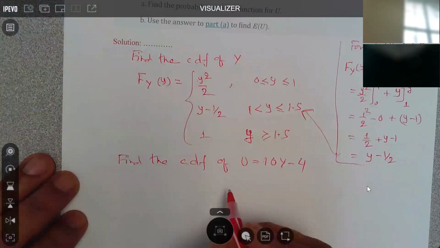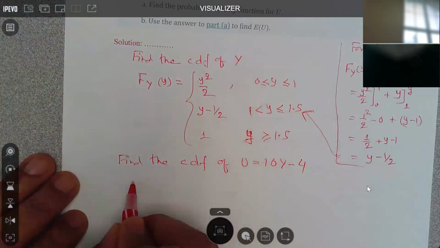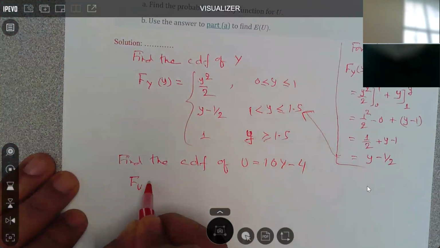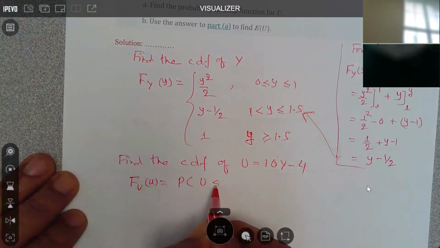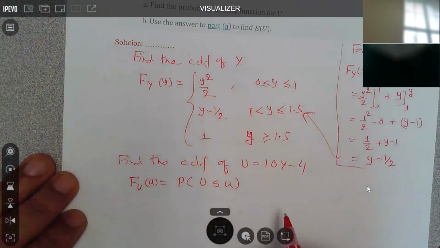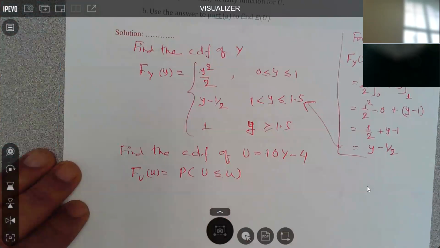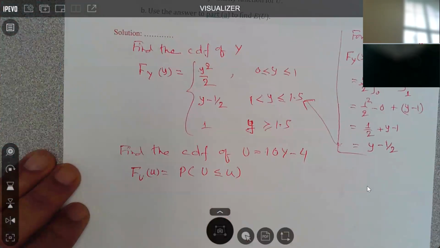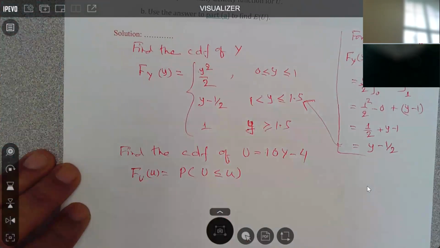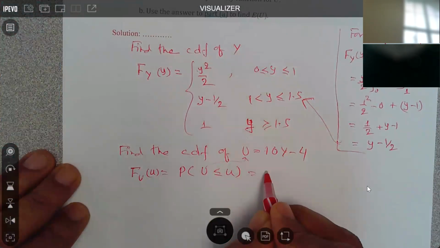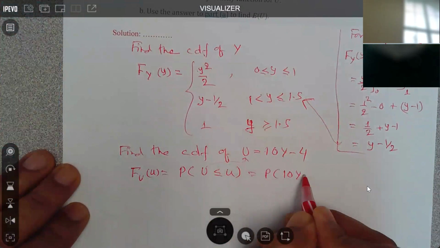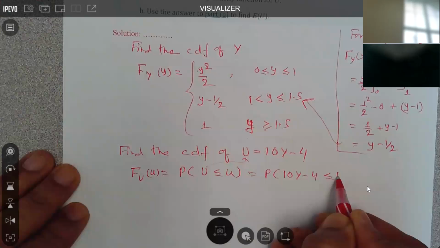Now this is equal to F_U(u). So this is equal to probability U is less than or equal to u, right? You plug in this U here, so probability 10Y minus 4 is less than or equal to u, right?